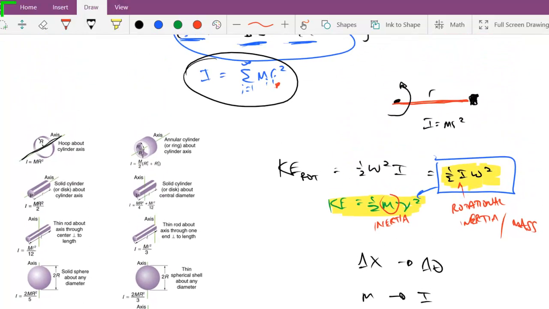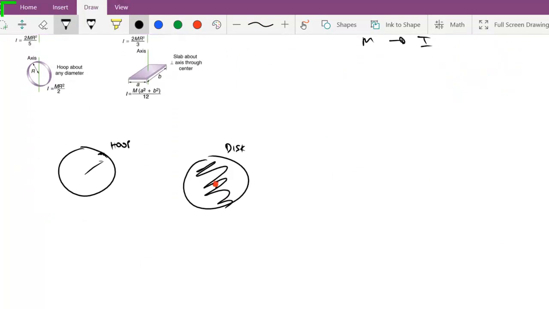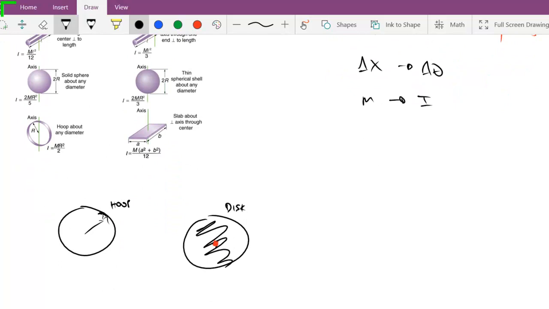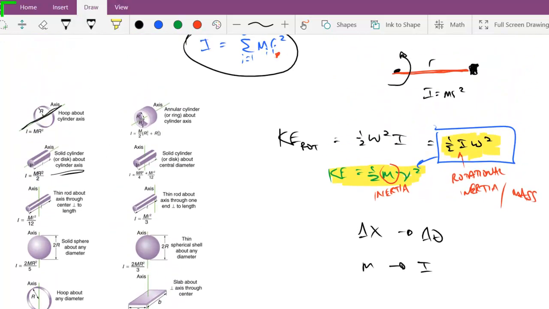And so we see here the rotational inertia of the hoop is larger than that of the solid cylinder because the mass is farther away. Okay, so if it's a disk, then it is 1/2 mr squared, and if it is a hoop, it is just mr squared. These would be for the same masses.